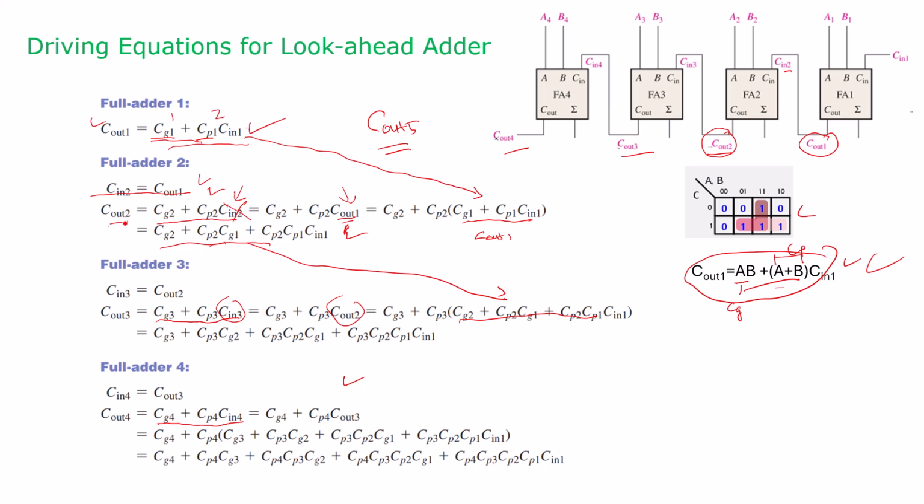For the second carry, we have three terms: the first, the second, and the third. For the third, we have 1, 2, 3, 4. And for the fourth, we have 1, 2, 3, 4, 5. So we expect then for the C out 5, the S5 they are looking for, to find 6 terms. And we're going to see on the next slide how we calculate that.